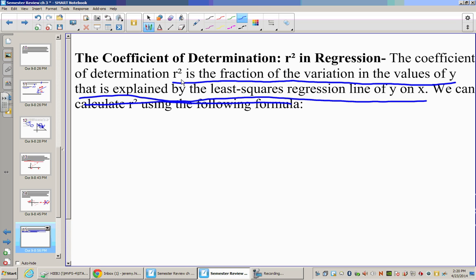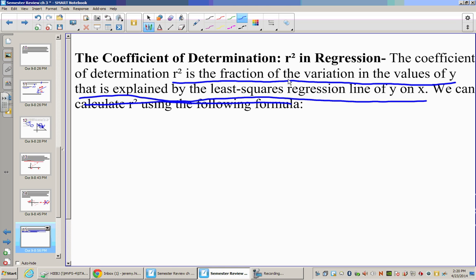But more important is for you to memorize this sentence. Not typically do I tell you to memorize something, but this is something that comes up a lot, and you have to recognize this particular sentence.